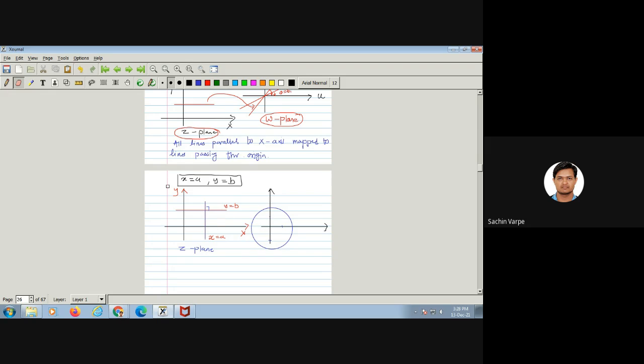Now we have just seen y equal to b maps to where? I give y equal to b a slightly different color. Y equal to b maps to a straight line passing through the origin.